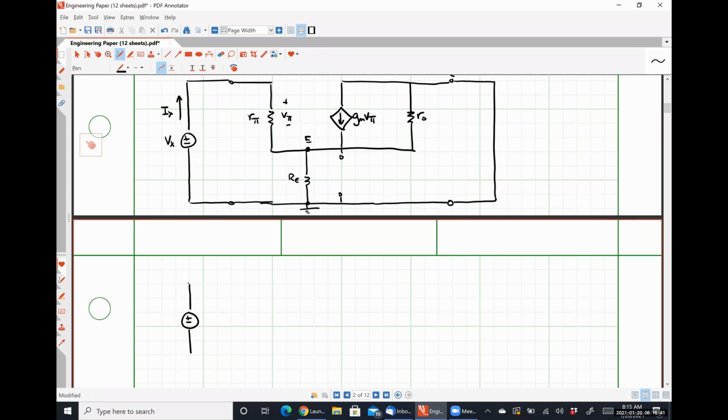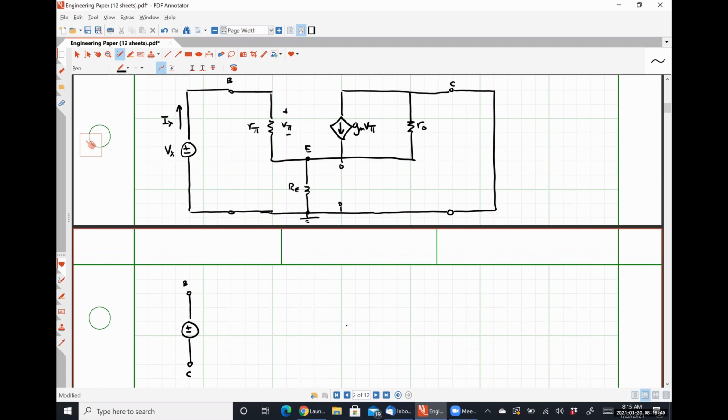So let's say this was the base. This guy down here, connected to ground, is the collector. And then let's put this guy right here as the emitter. So between the base and the emitter, we have that resistance R pi. And this is the correct polarity for the voltage V pi. Between the emitter and the collector terminal, we have that resistance RE.